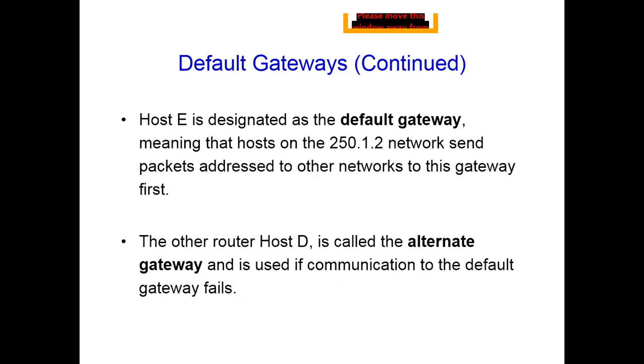Host is designated as a default gateway, meaning that hosts on the 250.1.1.2 network send packets addressed to other networks to this gateway first. The other router, host D, is called an alternate gateway and is used if communication to the default gateway fails.